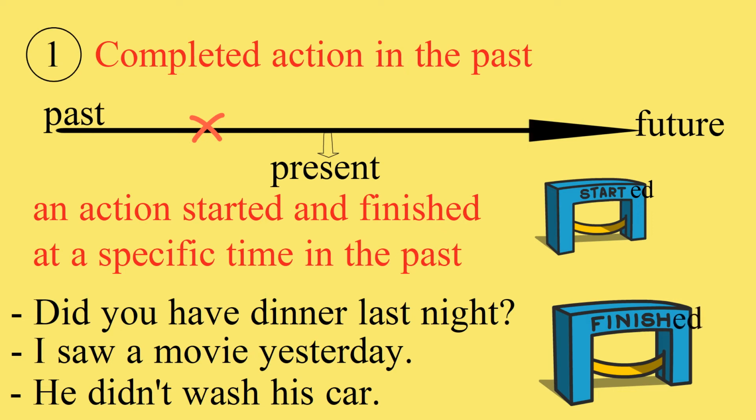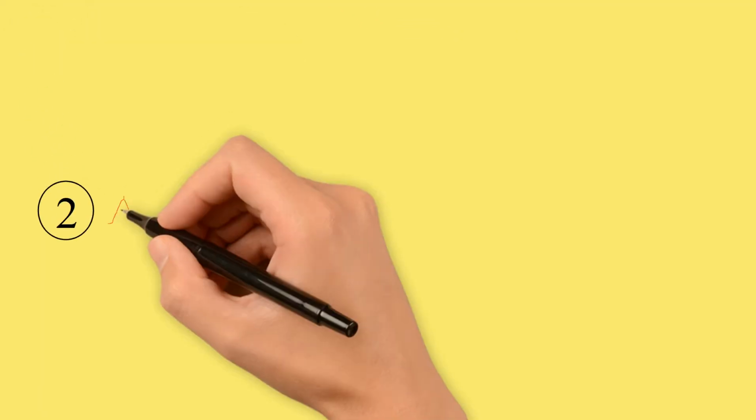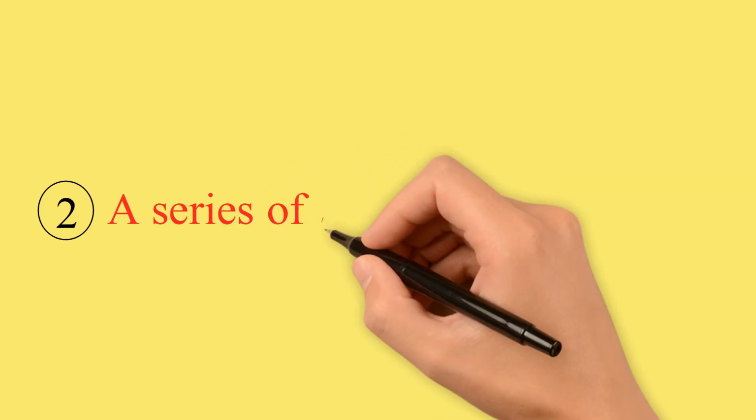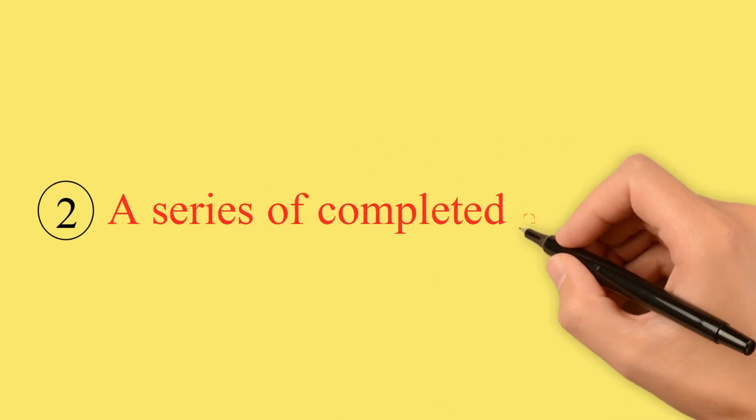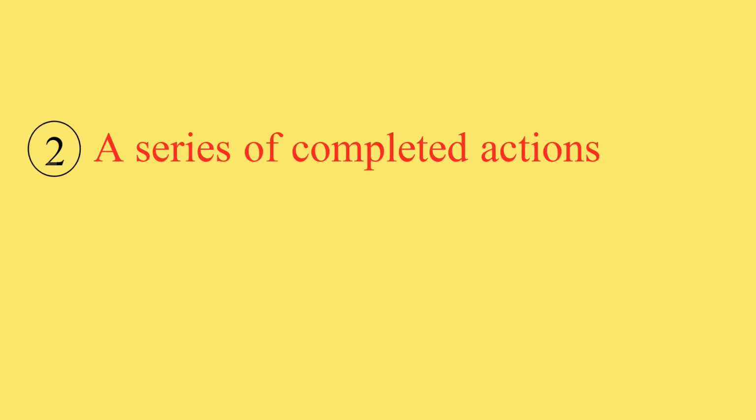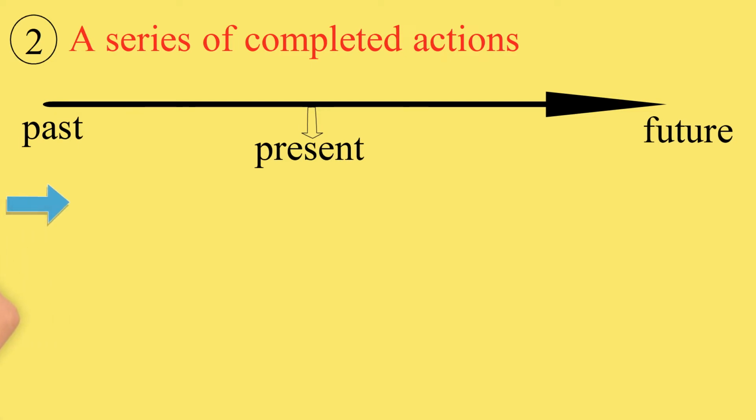Use 2. A series of completed actions. We use the simple past to list a series of completed actions in the past. These actions happen first, second, third, fourth, and so on.